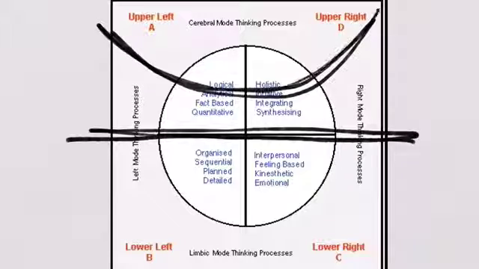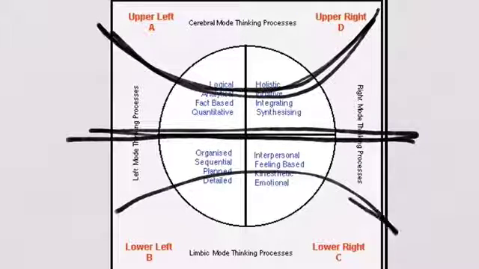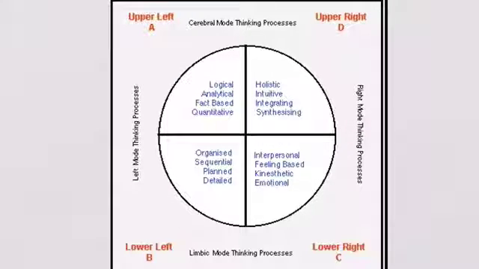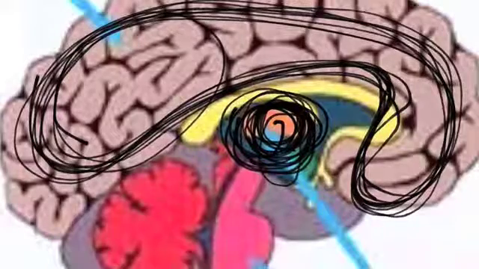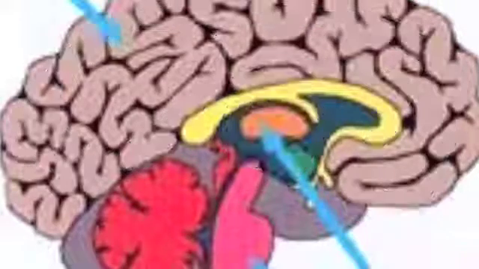It localizes as opposed to the limbic system, which regionalizes. So how does this work? So knowing that the limbic system is here and the cerebral mode thinking process is here, what exactly then is inner dance?